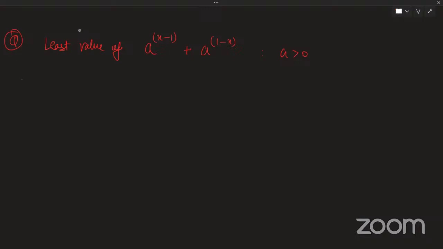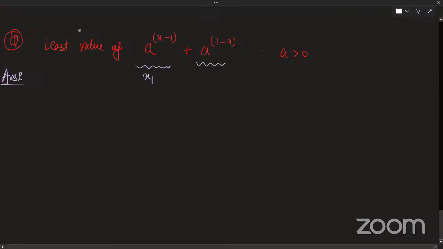Okay, so again, we will do the same thing. We will assume this thing as x1, this thing as x2. So again, x1 plus x2 divided by 2 will be greater than or equal to square root of x1 into x2. Right?